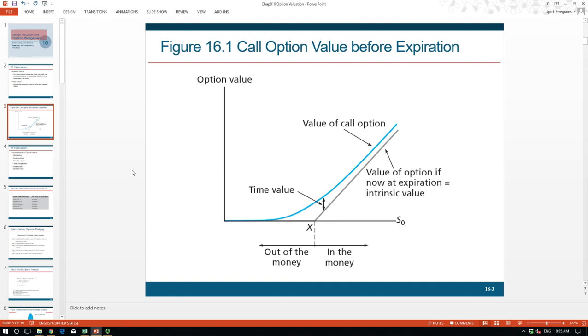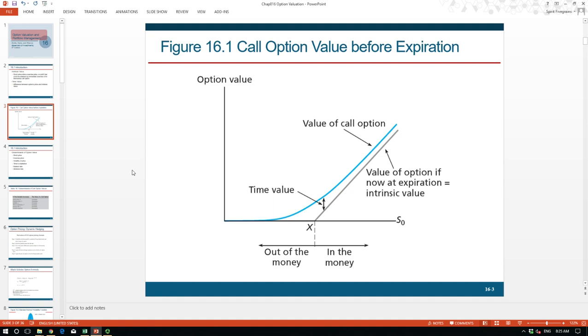Would the option price equal 0 in this case? The answer is no. Why is that? Because in the future, there is a chance that the stock price may increase to a level that makes the option in the money. So the uncertainty of the stock price actually increases the time value of an option.